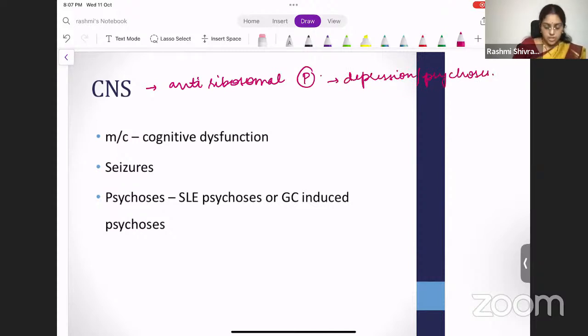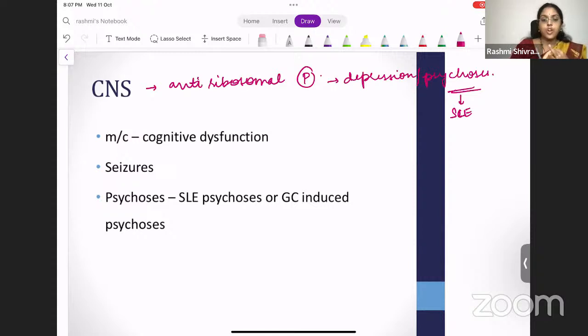This psychosis can be because of the CNS lupus itself, or because of long-term glucocorticoid intake. When you give steroids to treat the SLE, the patient can develop complications. You already saw avascular necrosis of bone as a complication of long-term glucocorticoids. Glucocorticoid-induced psychosis is another complication of long-term steroid intake.